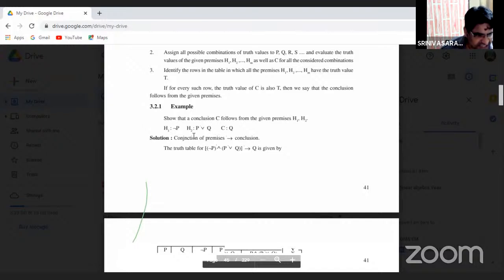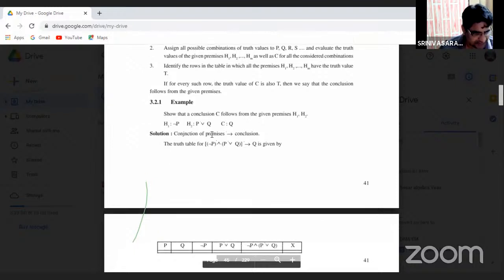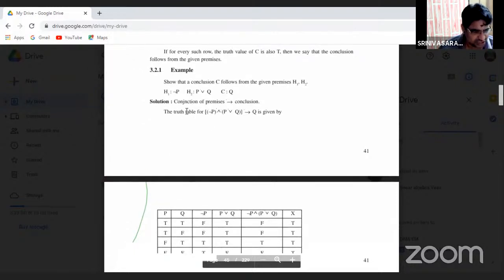And H2 is P or Q. There are two premises. The conclusion is Q. Suppose P is true, then negation P is false. This is how to write the solution. Now H1 and H2 are given. What is the conclusion of the premises?